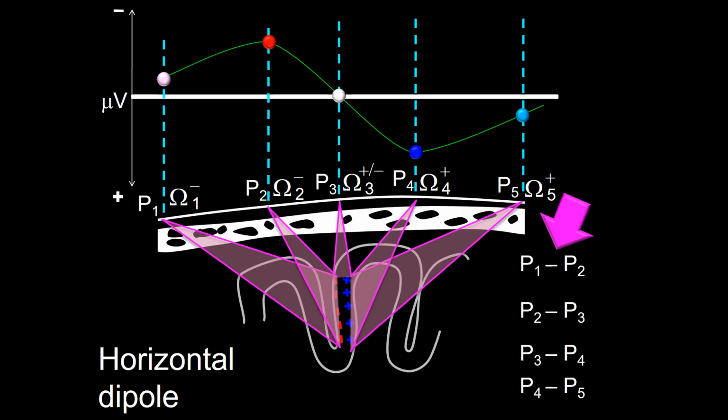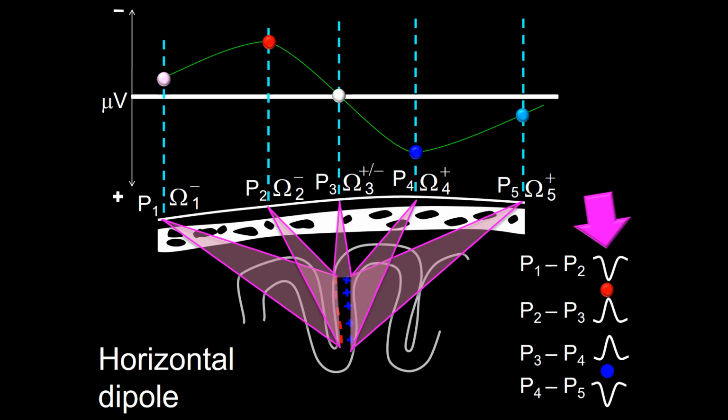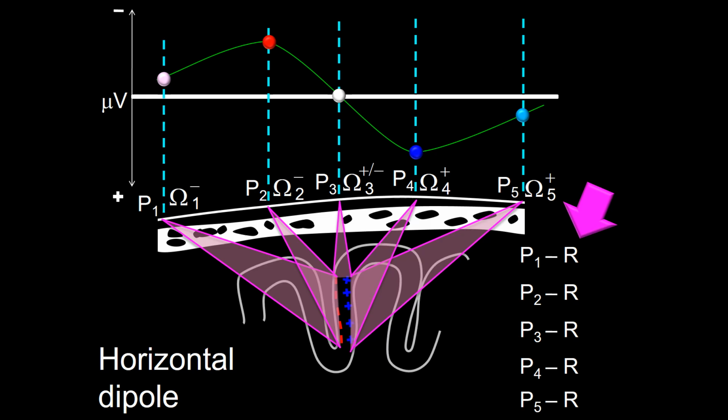If we then connect the electrodes in a chain as indicated under the arrow, we will see two instrumental phase reversals. On the other hand, if we connect the electrodes to a common reference electrode in a neutral position as indicated by the arrow, and as we initially capture the recording, those with a negative potential will go up.